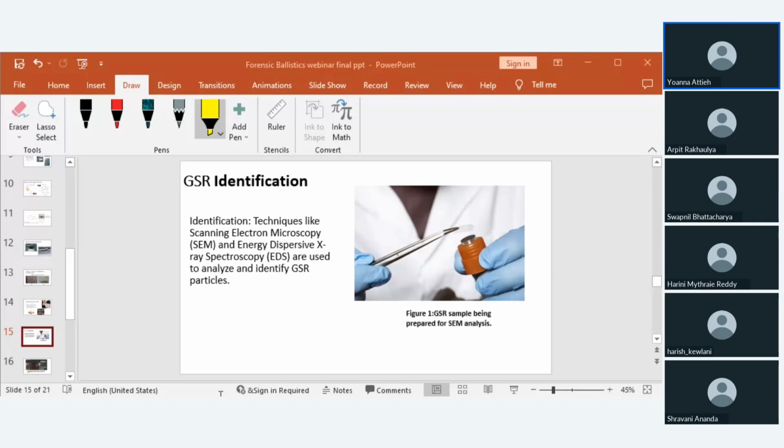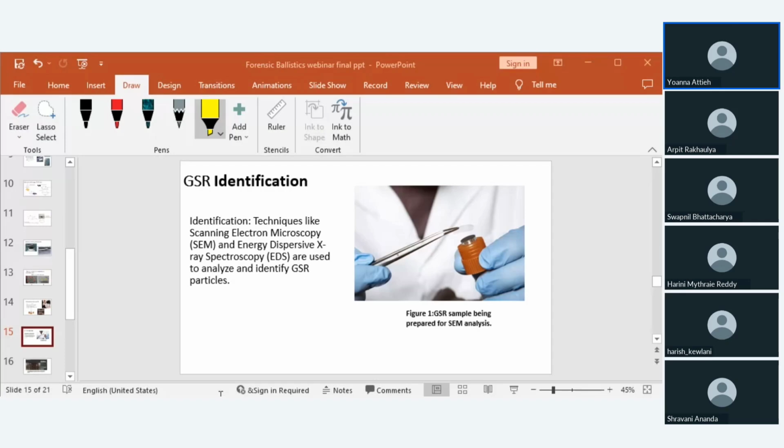So we said before that we have several techniques that are used for GSR analysis, like the AAS, the NAA, and the SEM. Among these techniques, scanning electron microscopy, which is the SEM, has emerged as the superior method for GSR analysis. SEM stands out due to its high resolution, again, and its ability to perform microanalysis at the nanoscale level, guys.